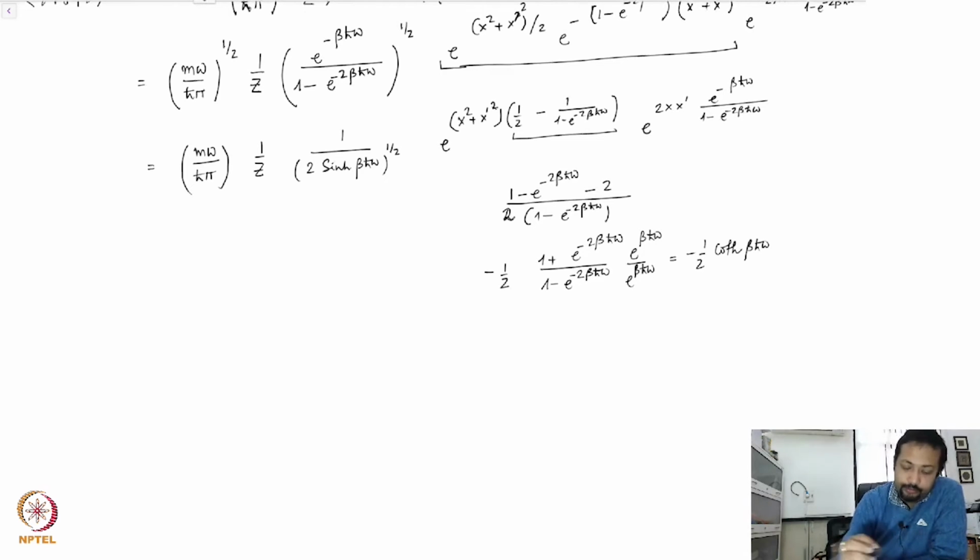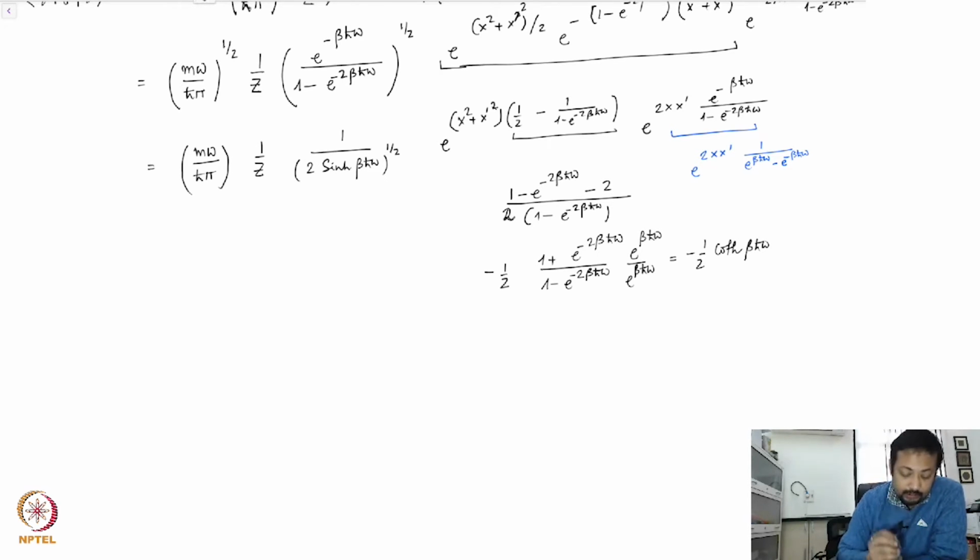The coefficient of this is going to be twice x prime. We will keep it like this, e to the power beta h bar omega minus e to the power minus beta h bar omega. In fact, this is just going to be sine hyperbolic.